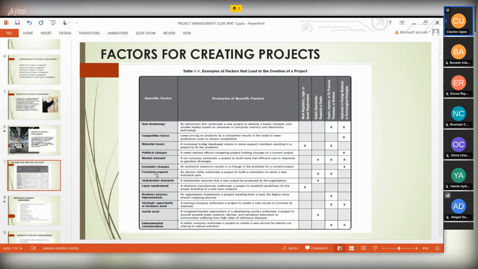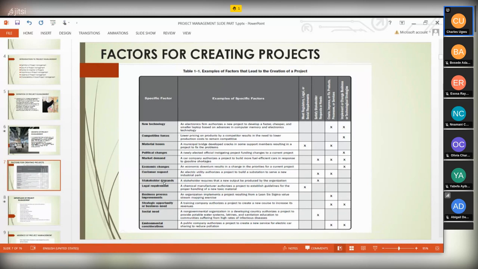So when you come into business analysis, you are going to meet a lot of applications. That's why we are going to be discussing all these applications, like SAP, Microsoft, Salesforce, when we come to business analysis.